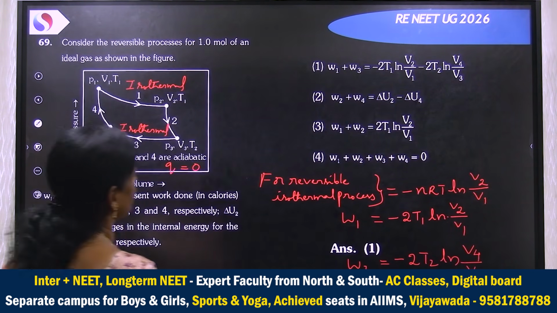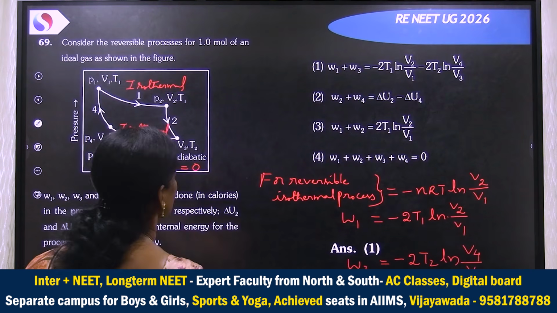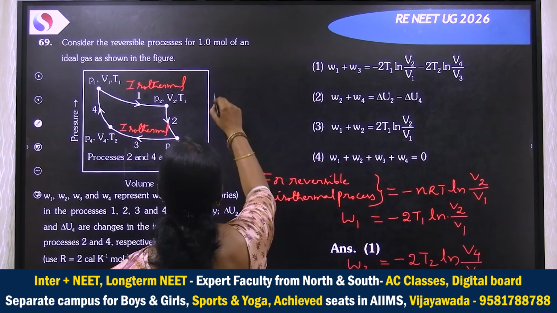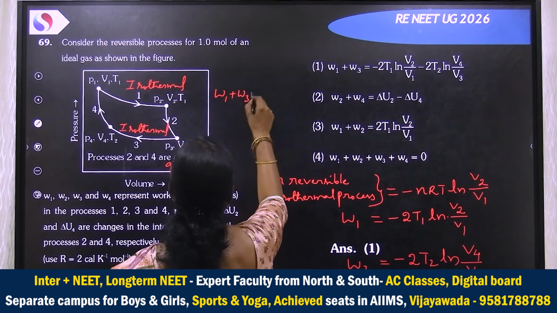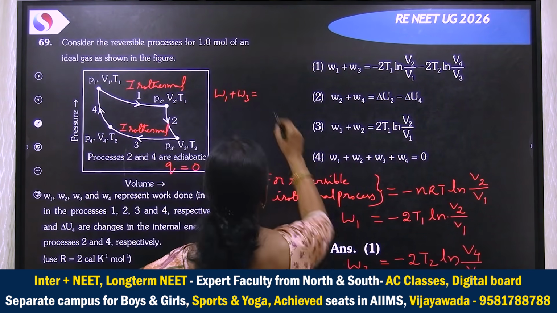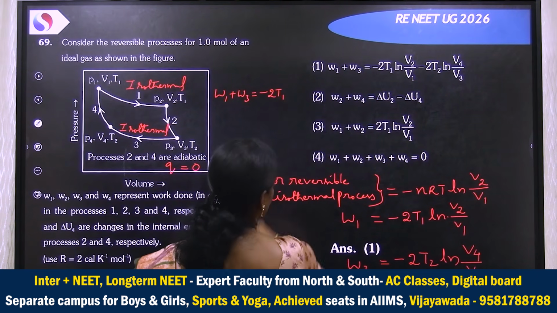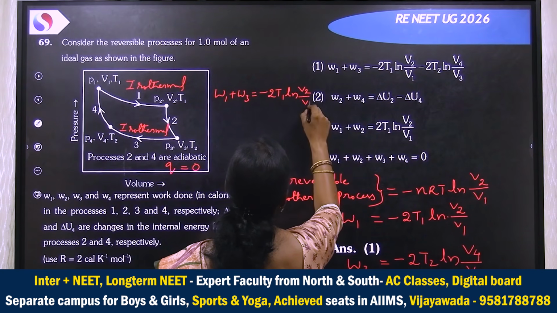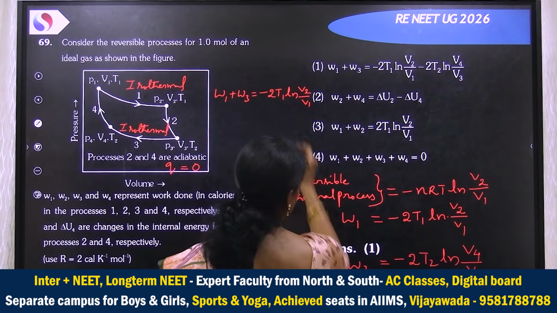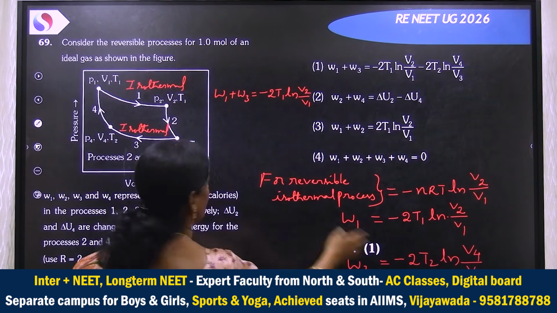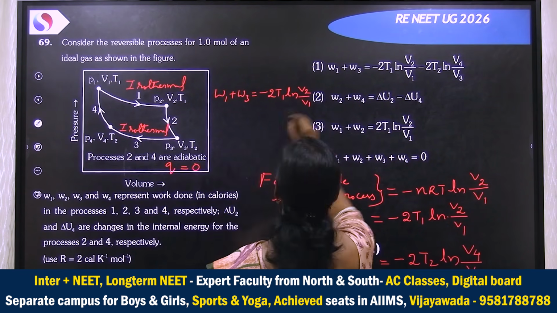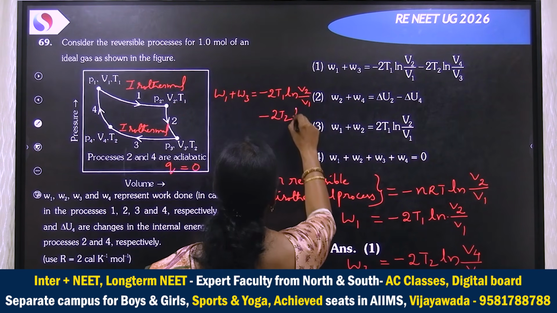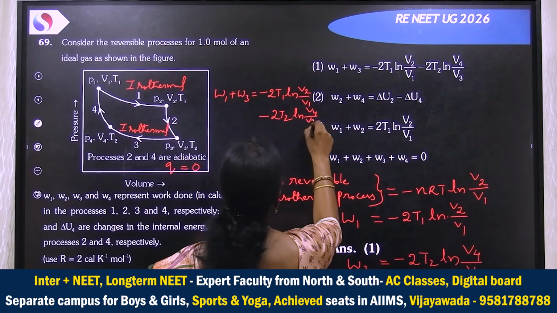So total work done, W1 plus W3. If we add the work done of these two processes, W1 plus W3 equals minus 2T1 ln V2 by V1 minus 2T2 ln V4 by V3.